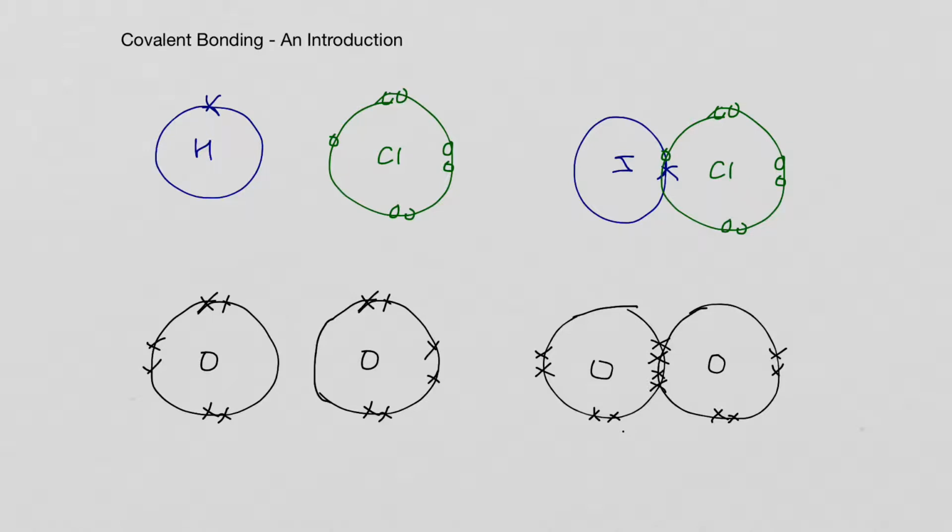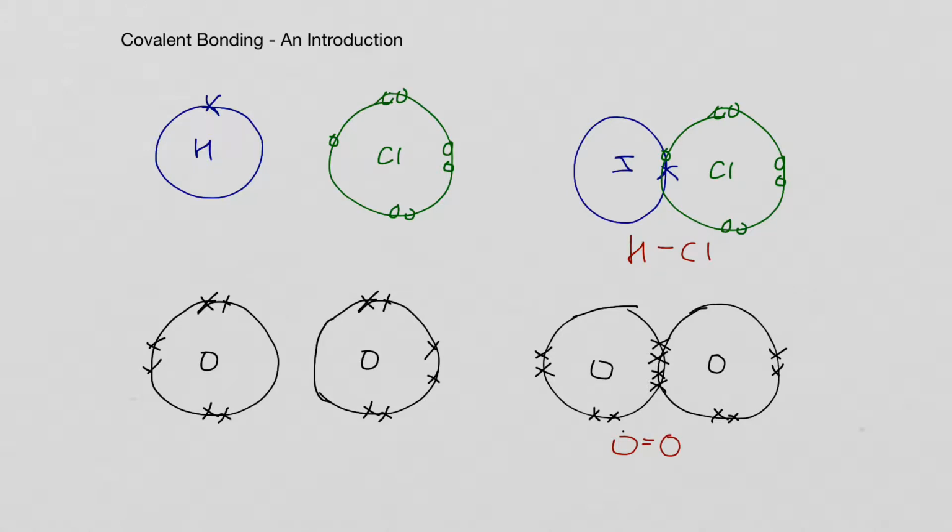In this example here, we've got a single bond between the hydrogen and the chlorine, because we've got 2 electrons. Here, we've got 2 electrons here and 2 electrons here, which is a double bond between those 2. We can show that in this way. H, single bond Cl, O, O, double bond.